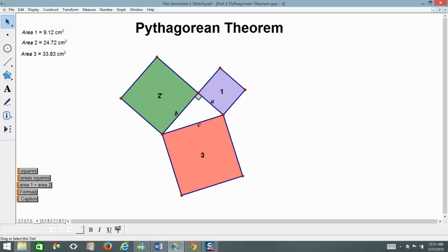And then I will add the area of square 1 and square 2. So this is the result. Now compare this result. You can see both of the results are equal. Okay, I will change the measure by dragging this point.